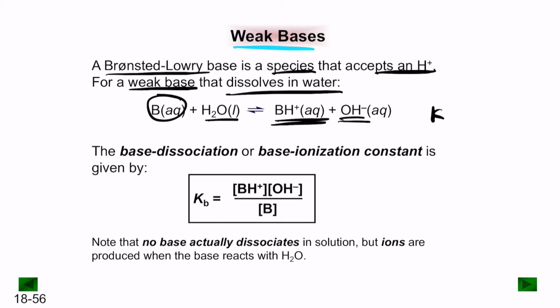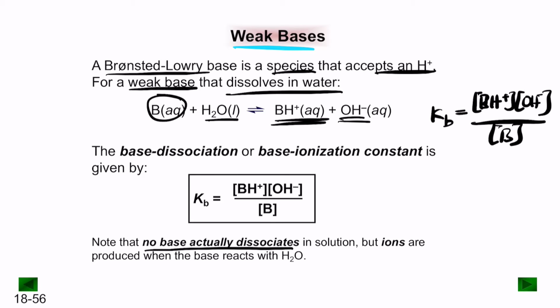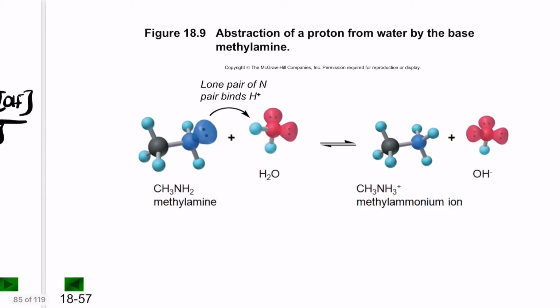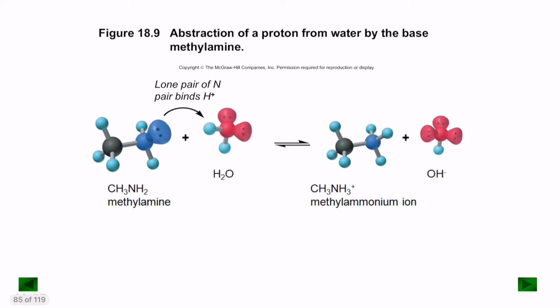Because of this equation, we can write the Kb, the base dissociation constant, which becomes BH plus times OH minus divided by the concentration of B. Note that no base actually dissociates in the solution, but ions are produced when the base reacts with H2O. So what happens here?